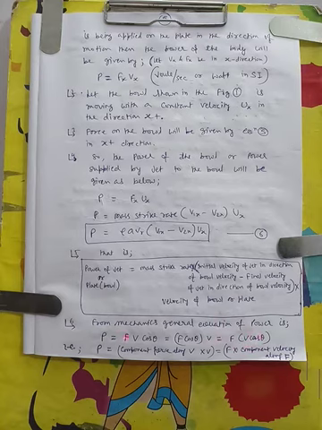So if we take force in its original direction, then we need component of velocity in direction of force. And if we take velocity in its original direction, then for finding out power we need component of force in direction of velocity.